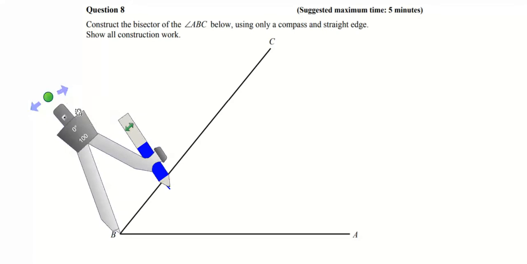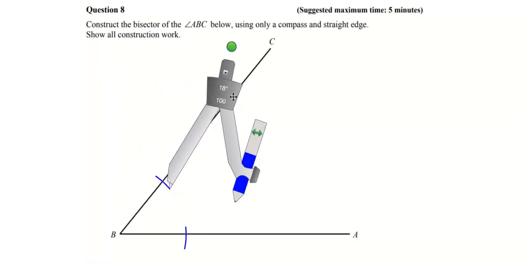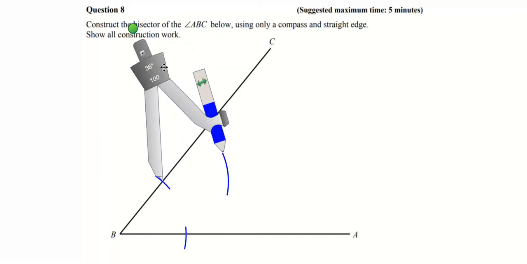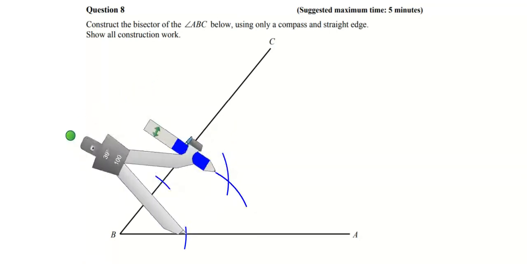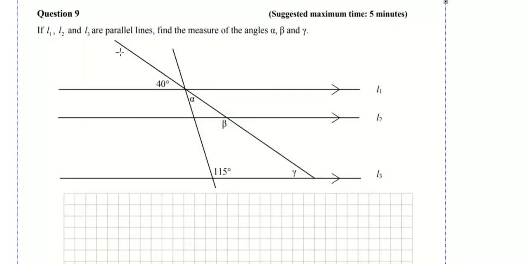One, 2, 3, 4. Then you can bisect this angle. Bisect of angle means you cut the angle in half and you're done. Okay, that was easy. Didn't take 5 minutes, took like 30 seconds.